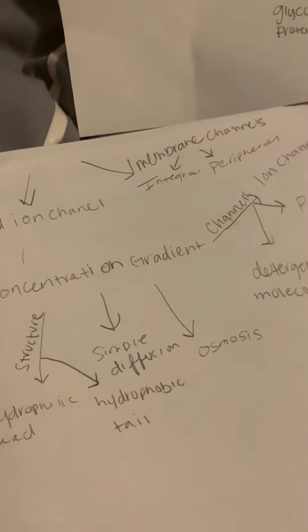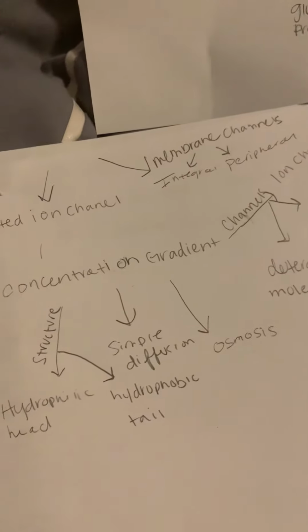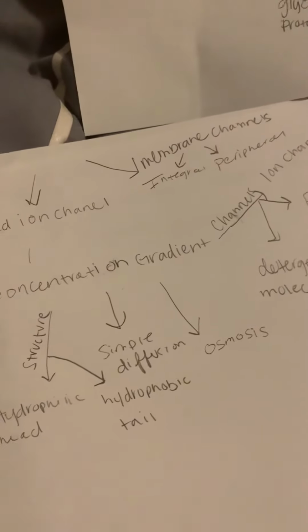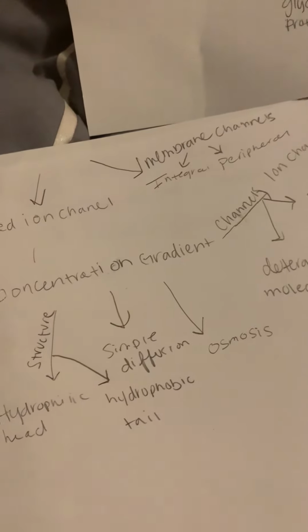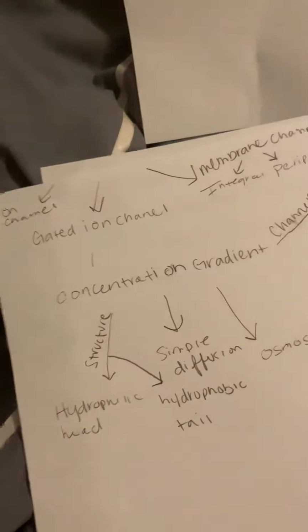Then we have the membrane channels, and just so you know, that gated ion channel just has a gate against it. Ion channel is just a general term for the gated channel.